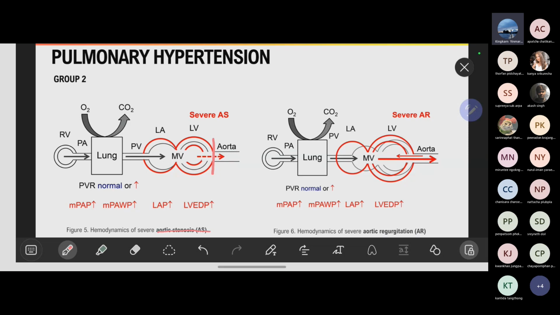So the obstruction leads to an increase in LV systolic pressure and LV diastolic dysfunction, then LVEDP increases. After that, pressure goes back into the LAP, which increases, and the mean pulmonary artery pressure also increases.